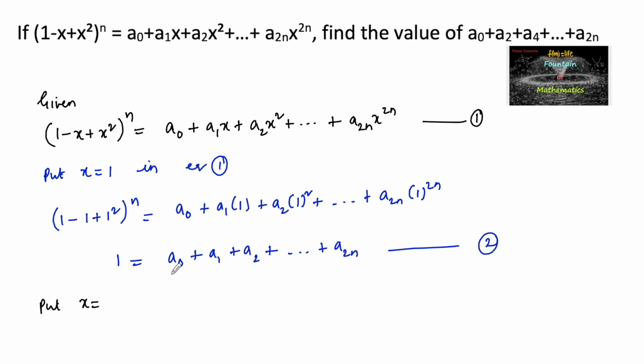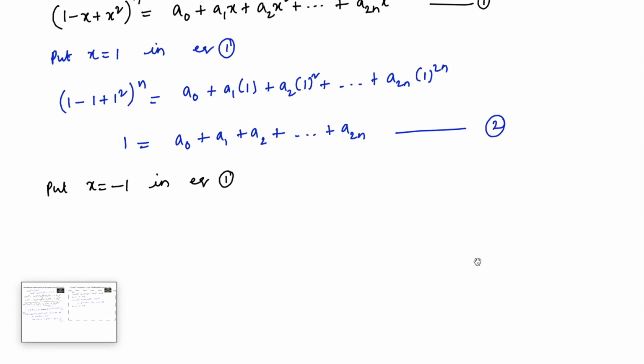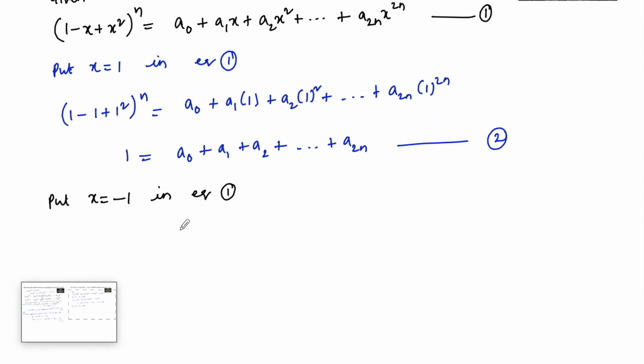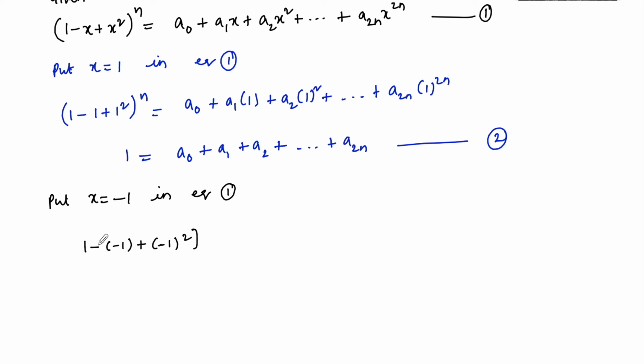So let us consider this to be equation 2, and then now put x equal to -1 in equation 1, so that we can write (1 - (-1) + (-1)^2)^n is equal to a0 + a1 into -1 + a2 into (-1)^2 and so on up to a2n into (-1)^2n.